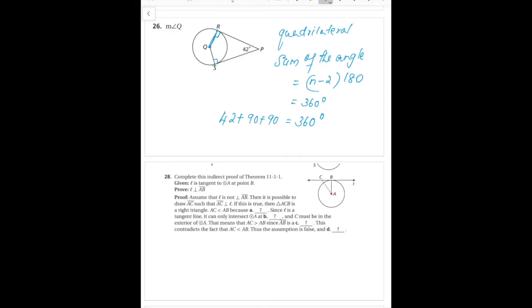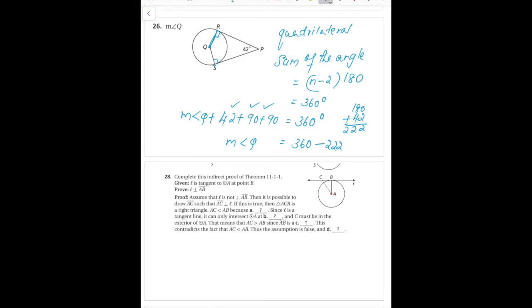Oh no, I'm sorry. We forgot the measurement of angle Q, because there are 4 angles. We took 3 angles and the 4th one is angle Q. Measurement of angle Q plus 42 plus 90 plus 90 equals 360. So measurement of angle Q will be 360 minus the sum of these. 180 plus 42 is 222.